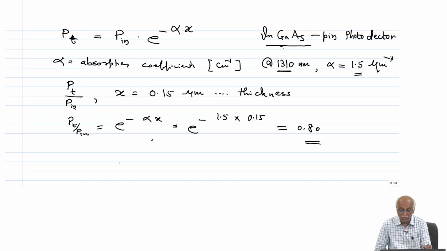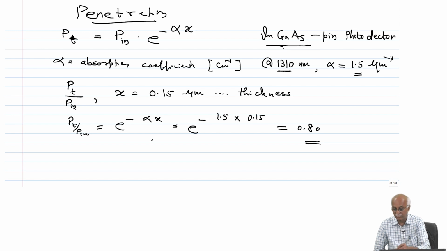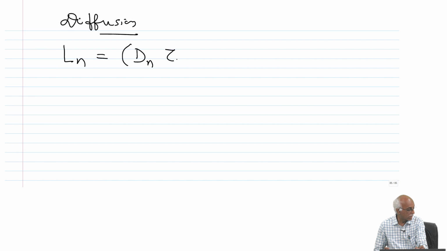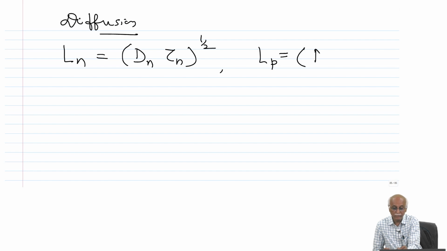So, the diffusion length. This is photon penetration, how much photons can penetrate into the material, and then there is diffusion. And the diffusion length Ln is equal to (Dn tau n) raised to half, or for holes, Lp is (Dp tau p) raised to half.